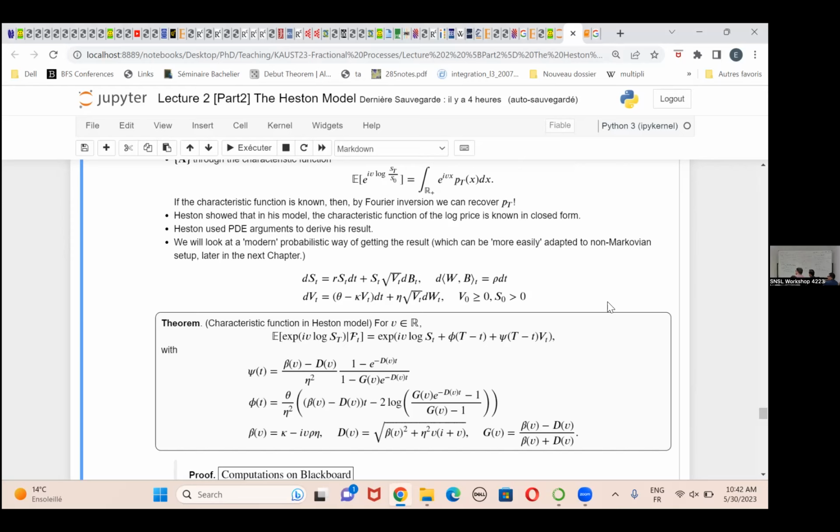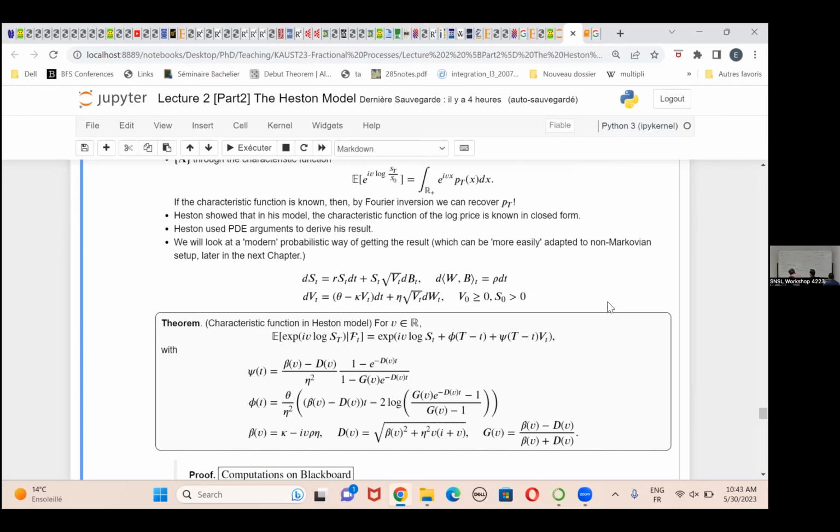Then the characteristic function of the log price, which is exactly M capital T, is equal to M small t, but M small t is what we have, right? So this is the statement that we just proved here. Do you all agree with this? Okay, so this is what we just proved.